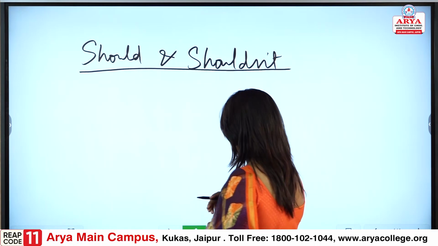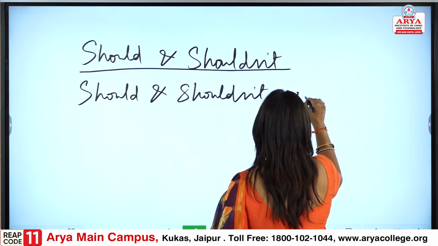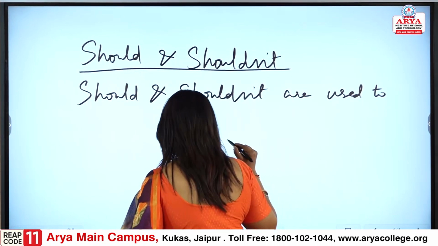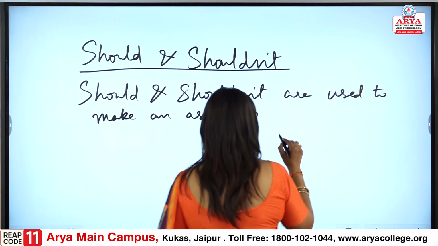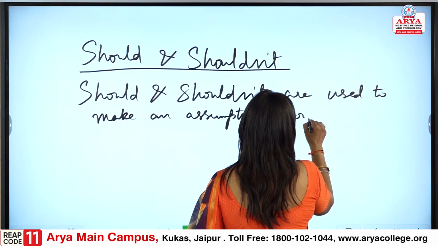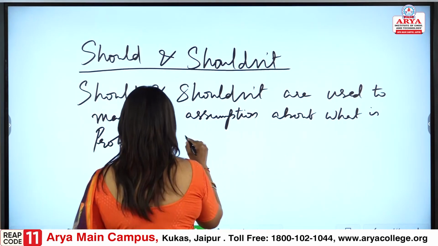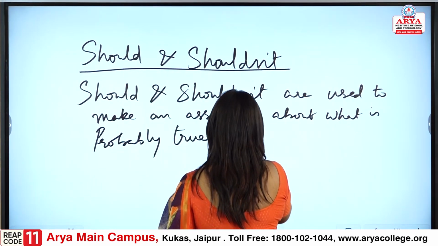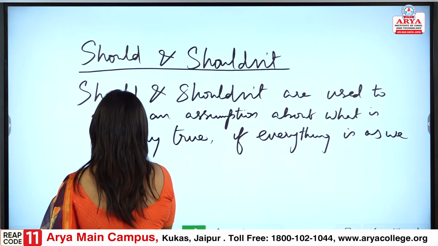Now, should and shouldn't are used to make an assumption about what is probably true if everything is as we expect.